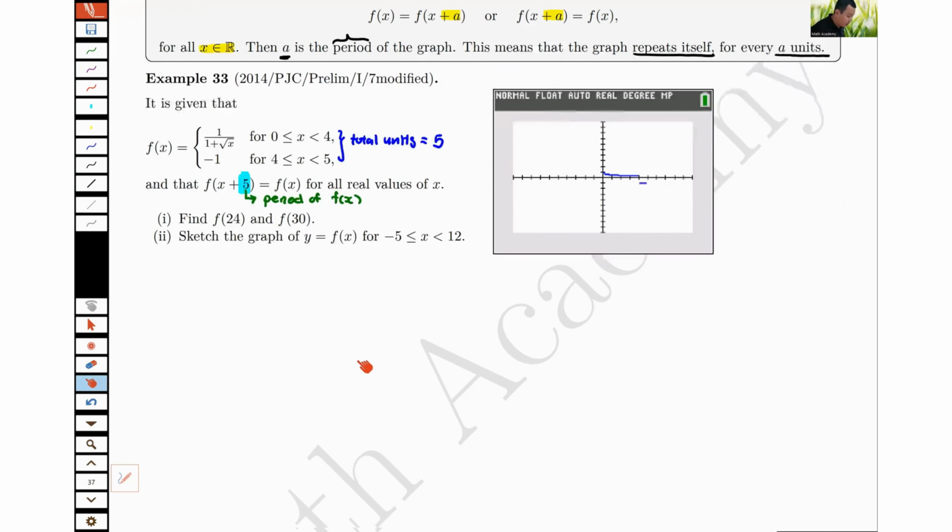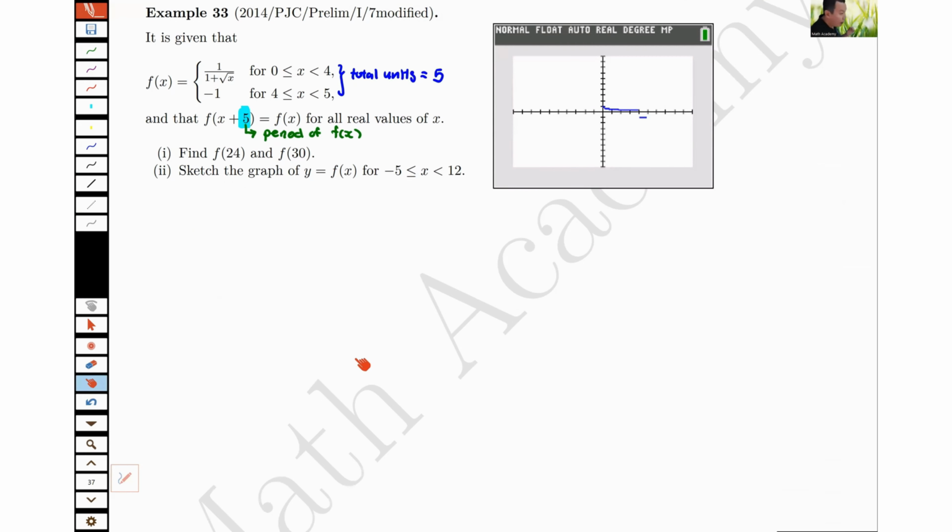But at this point, it may not be clear to you why this is the period, and how this implies that it's going to repeat. So we try to look at what happens if I substitute, let's say, the value 0. If we substitute two values, we can understand the equation. If I put 0 into this equation, let's write out what happens to the left and right. On the left-hand side, you would have f(5), and on the right-hand side, you would have f(0).